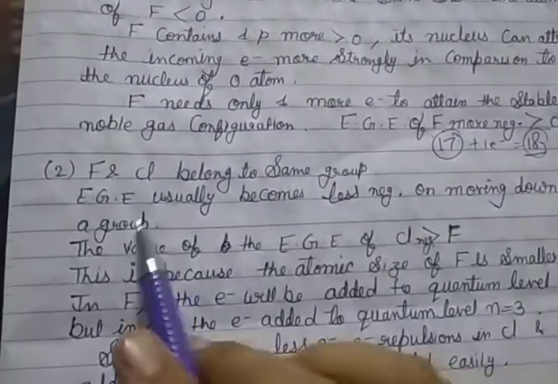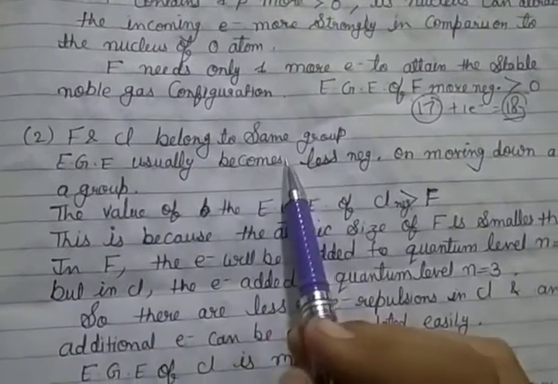Then second, fluorine and chlorine. Fluorine and chlorine belong to the same group.